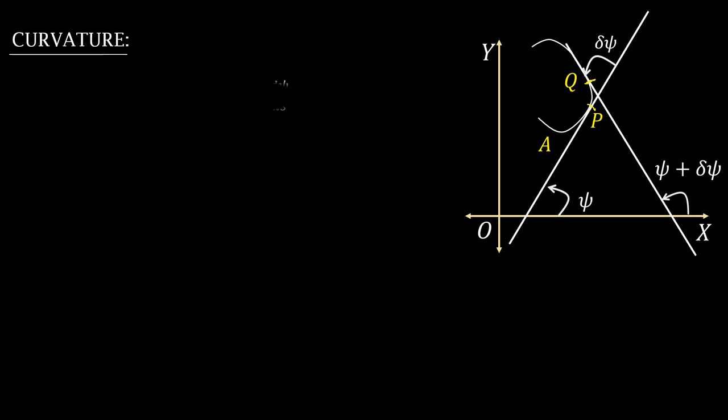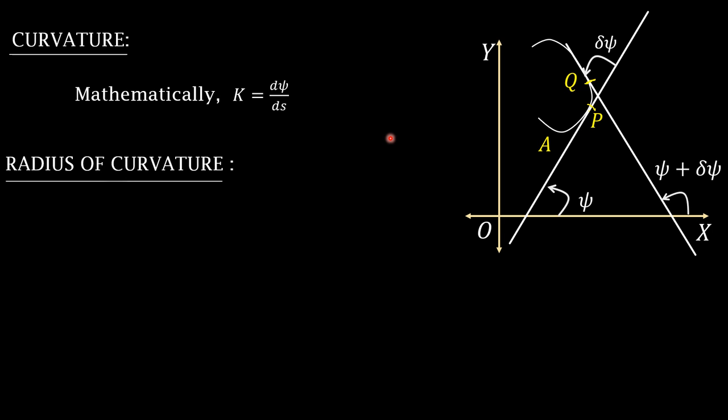So mathematically I can express the curvature as k is equal to dψ by ds, where dψ is the angle between the corresponding tangents at the point P and Q, and ds is the length of the element PQ. Then the radius of curvature, as I already told you, the radius of curvature and curvature are inversely proportional.